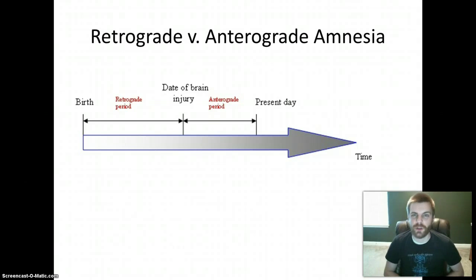You don't know your favorite color, you don't know who you are, you have lost all memories prior to your injury. If you suffer anterograde amnesia, your memory loss is associated with after the brain injury. This means that you generally no longer have a functioning short-term memory, which is critical for your ability to remember new memories and pass them through long-term memory storage.